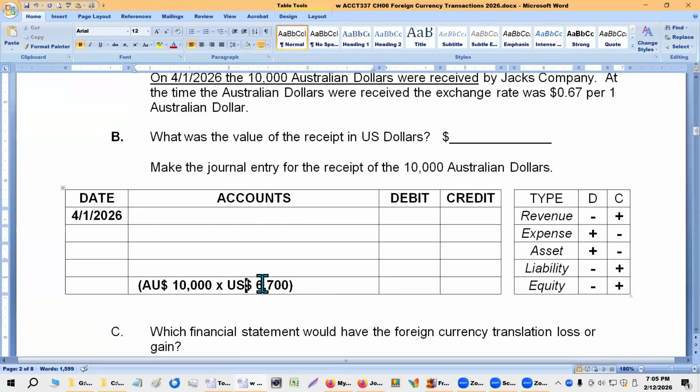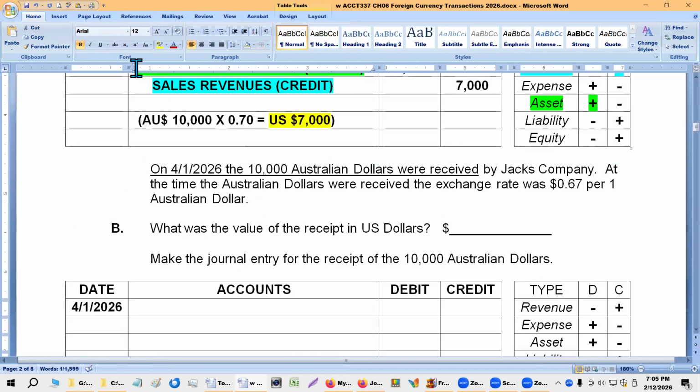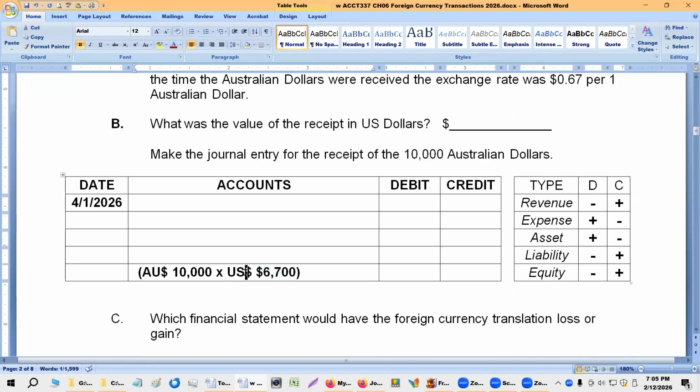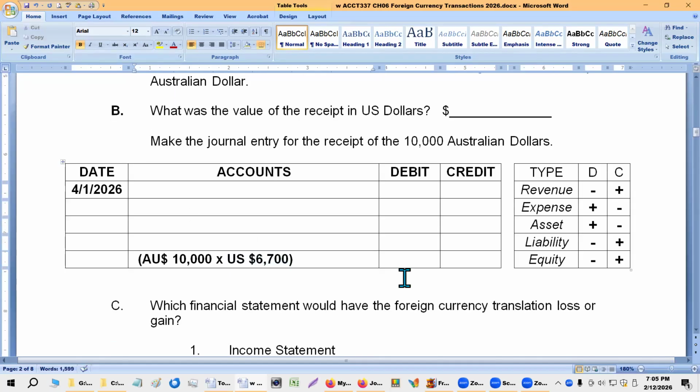Oh, why does that look funny? What do I do up here? Okay, so this is how much cash we're going to get. So cash is what kind of an account? Asset.